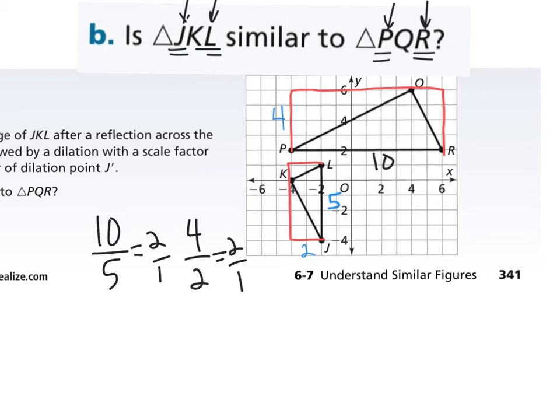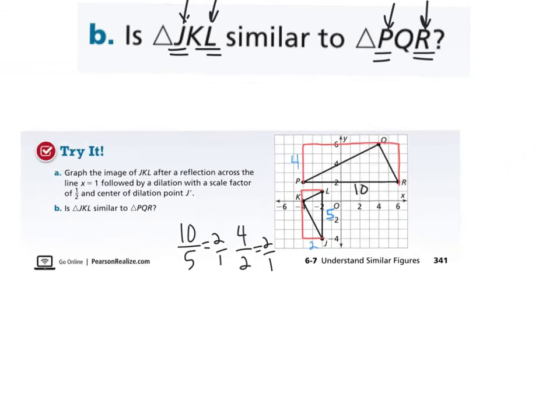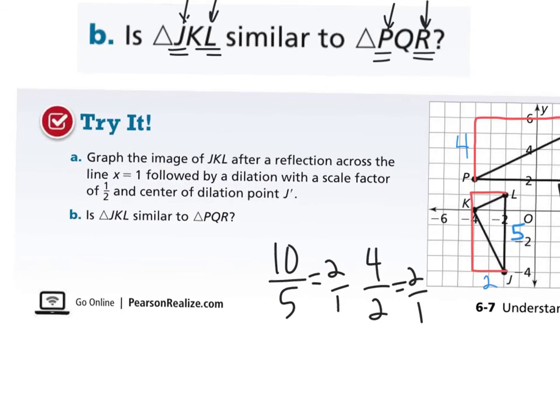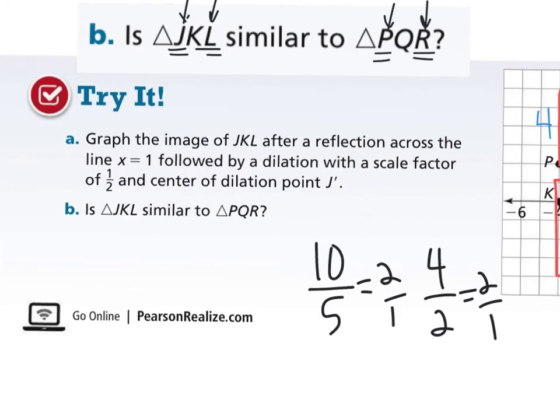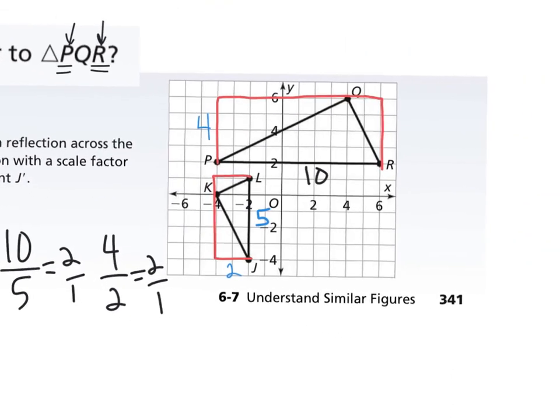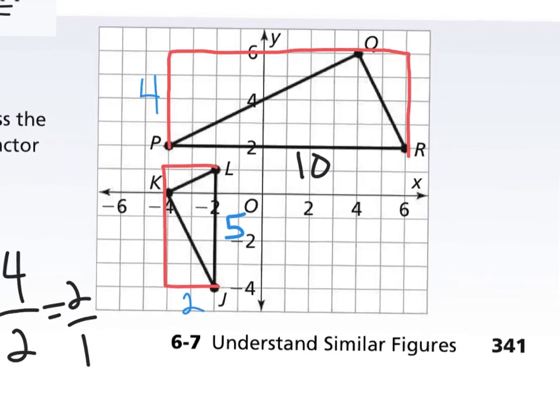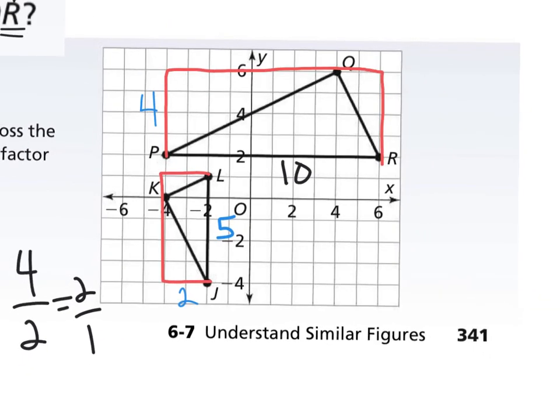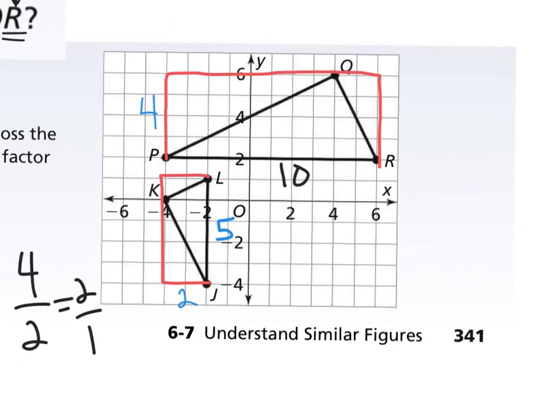We still would need to double check the angles. Actually, if you go back to part A, they're talking about a reflection across the line x = 1, followed by a dilation with a scale factor of a half. Without doing that, we could just notice that that's not going to quite do it.